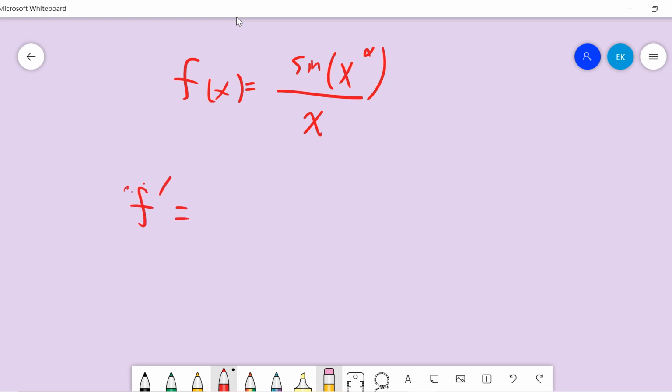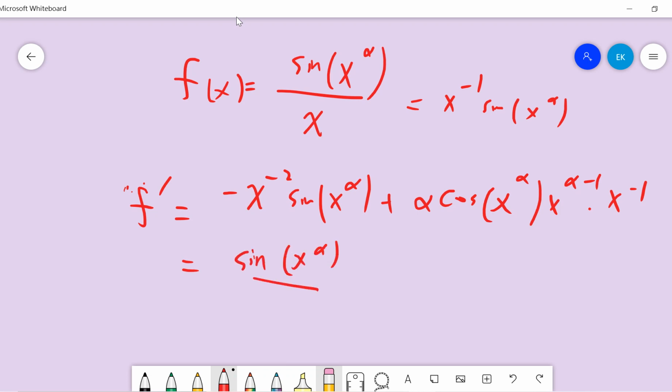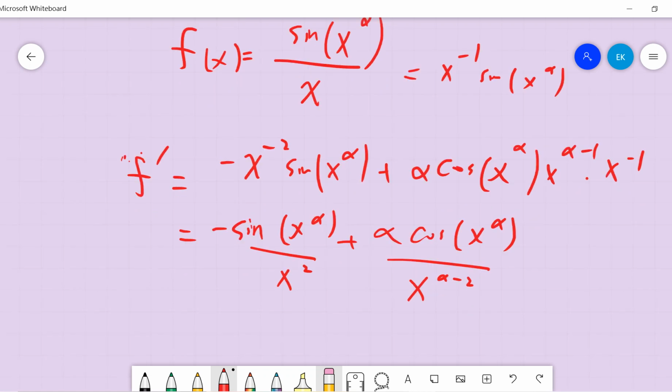So f prime is negative 2 x to the alpha minus 2 times sine of x to the alpha, plus alpha cosine of x to the alpha minus 1.